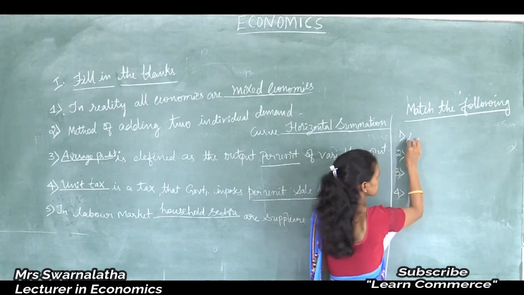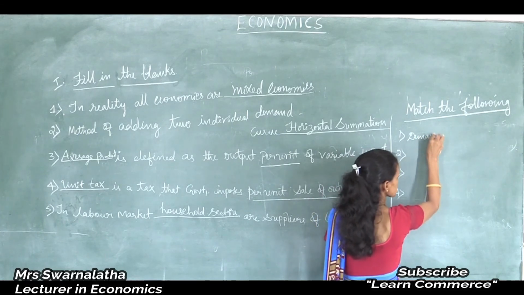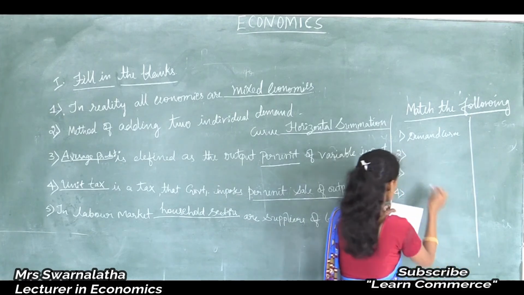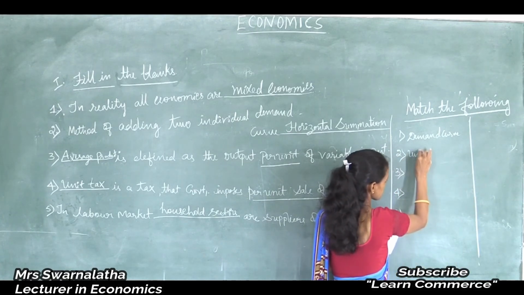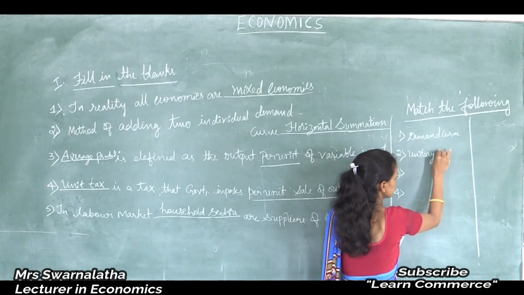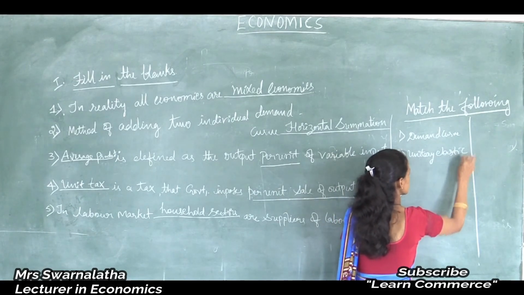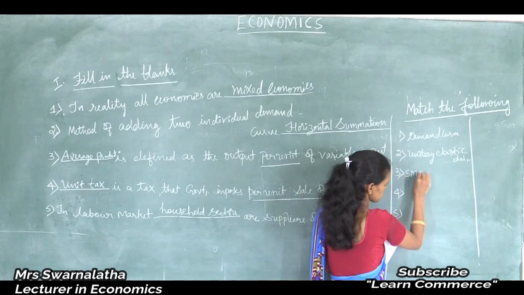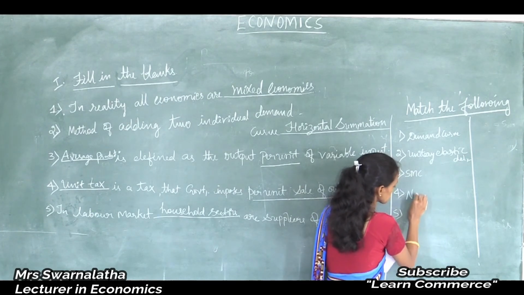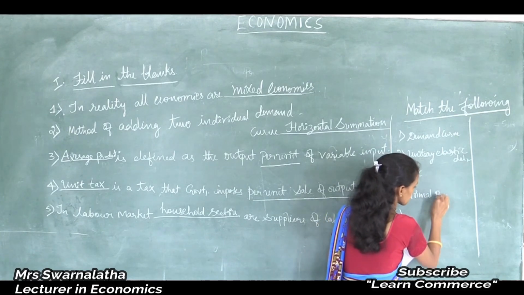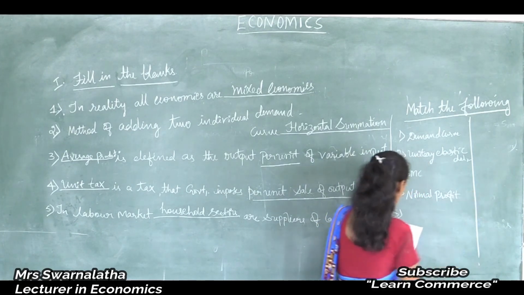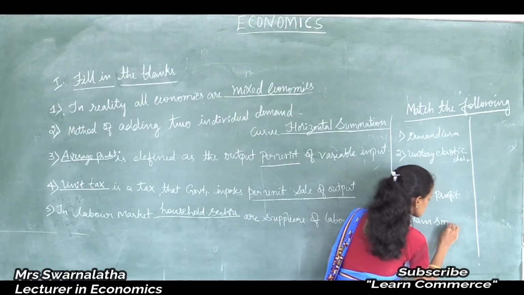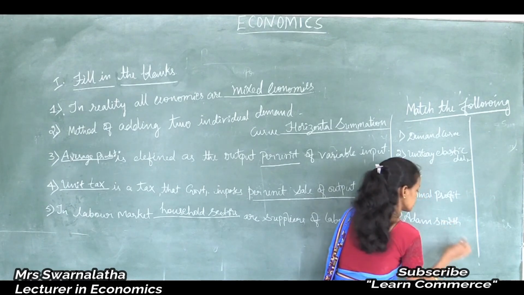First is demand curve. Second one is unitary elastic demand. Third one is SMC, short run marginal cost. Fourth one is normal profit. Fifth one is Adam Smith.